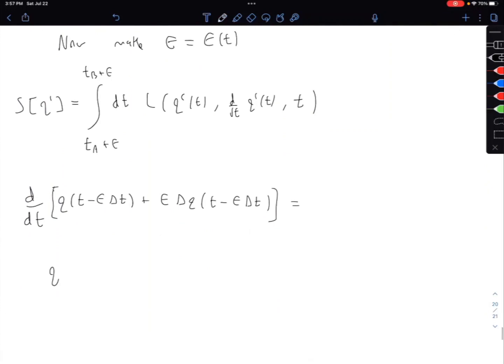This will be q dot of t minus epsilon delta t times 1 minus the time derivative of the product, plus the time derivative of epsilon delta q of this, right?